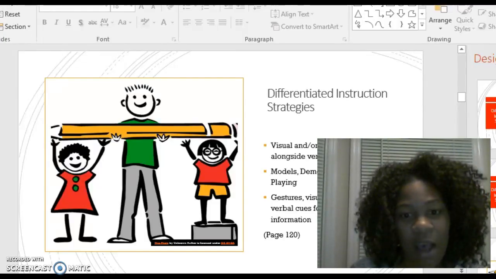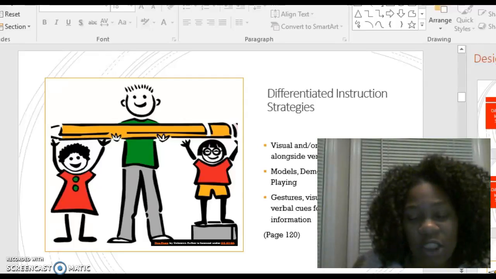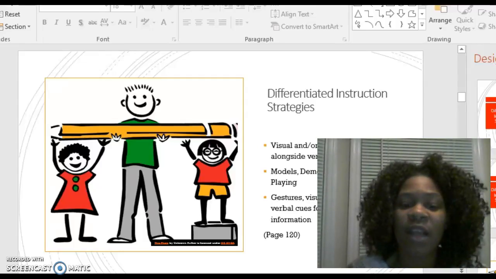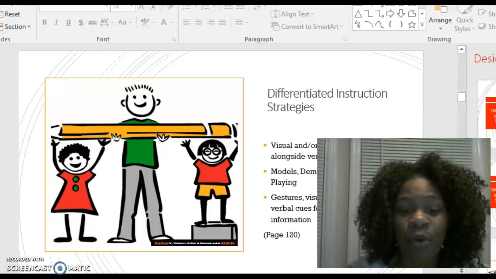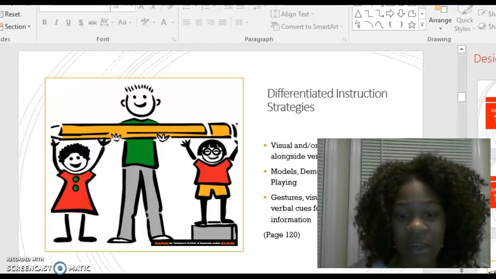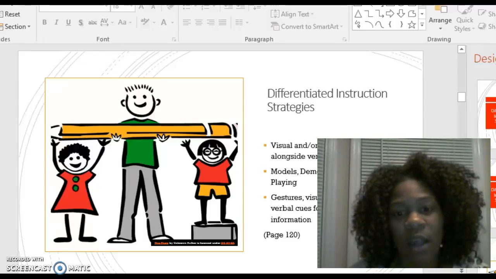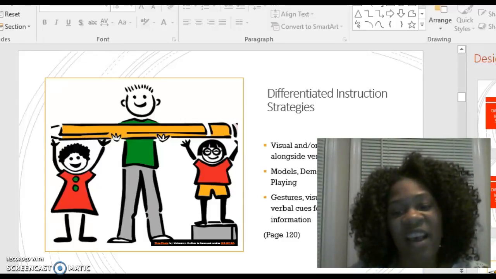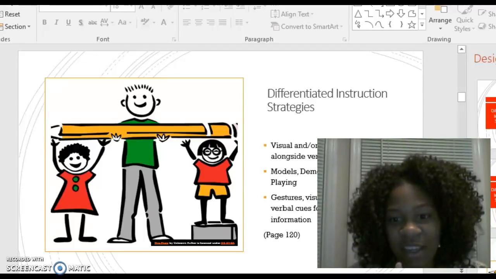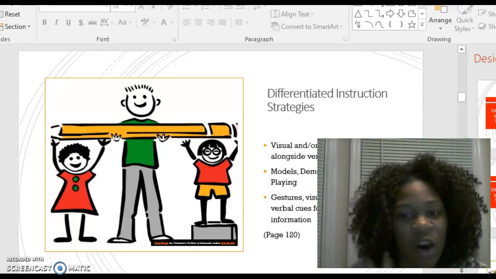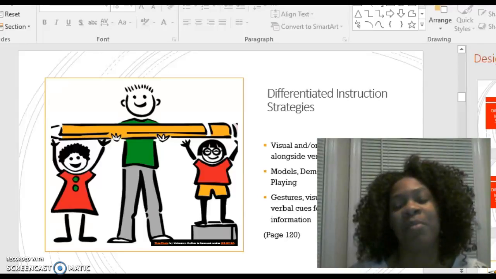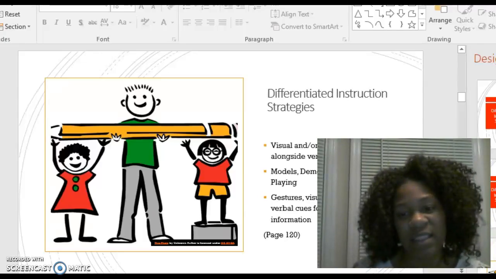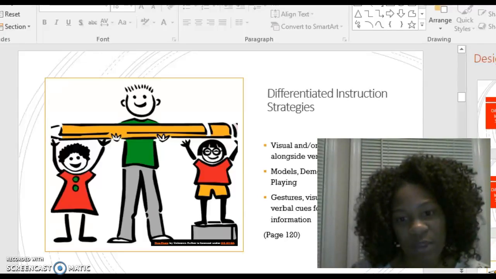So the visual and graphic organizers with your verbal presentation, I feel like that is important for students to gain information and cater to various learning styles in the process. So a child that learns visually, they're going to have a harder time if you're just telling them what to do when they can't see the process. So that's why the visual and graphic organizers are important.